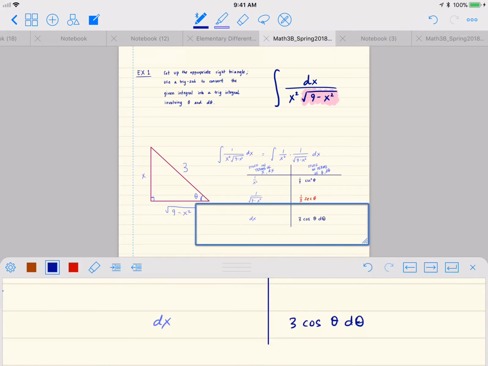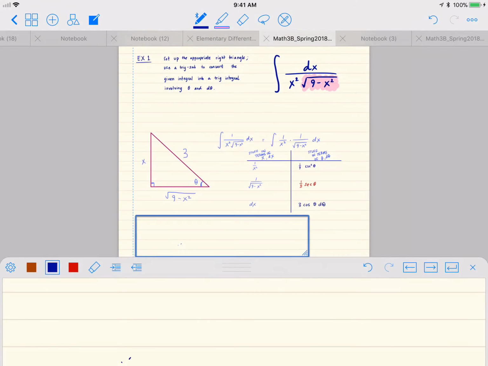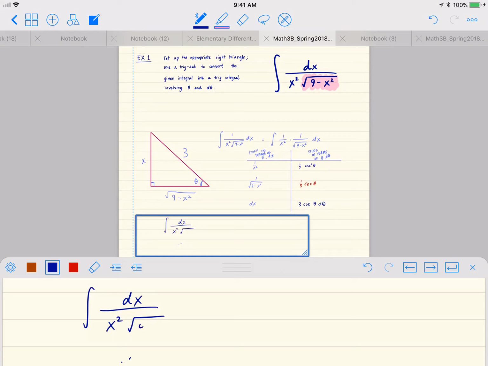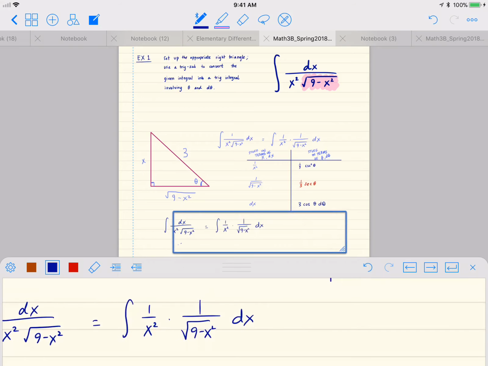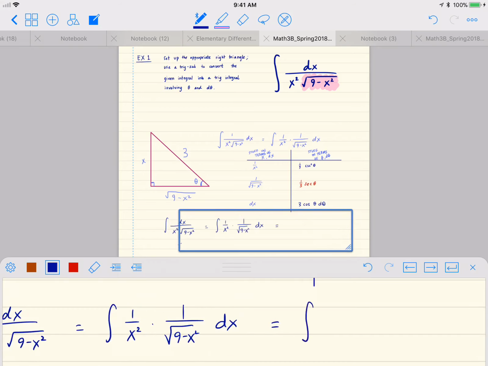Putting it all together, I can rewrite my integral. The integral of dx over x squared times the square root of 9 minus x squared, which is the same thing as the integral of 1 over x squared times 1 over the square root of 9 minus x squared dx, is equal to the integral of, now instead of 1 over x squared, I have 1/9 cosecant squared theta.